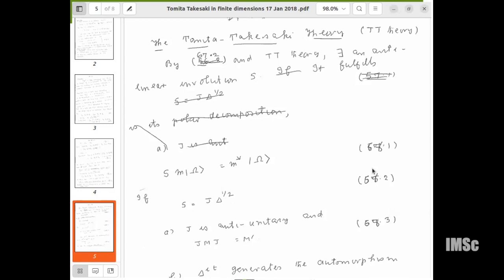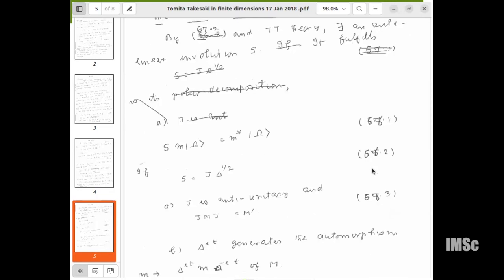And then Bisognano and Wichmann did the following. They took this S and did the polar decomposition of S. For normal matrices, the polar decomposition means that you take the square root of M star M. M star M is a positive operator, so you can take a square root.